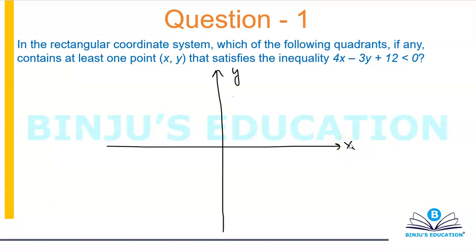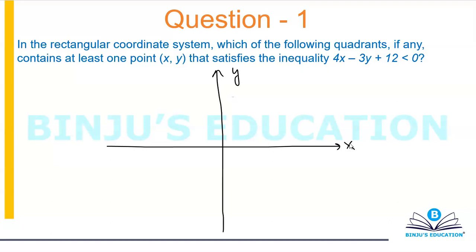In the rectangular coordinate system, which of the following quadrants, which basically means 1, 2, 3 and 4, if any, contains at least one point that satisfies the inequality. So I'm looking for all those quadrants which contain at least one point that satisfies this inequality.